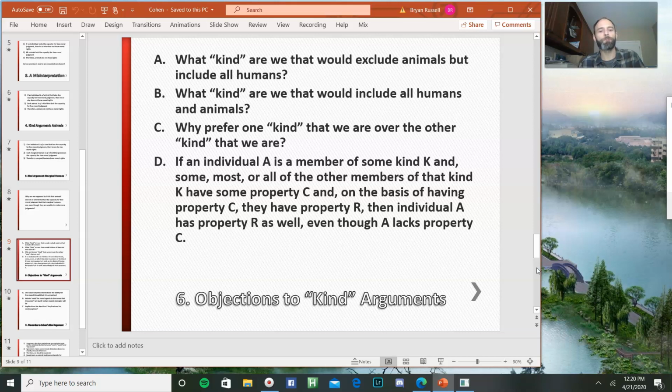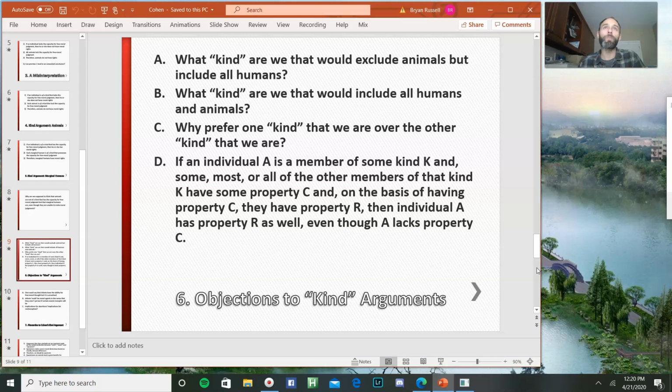Then, individual A, who's a member of this class, has a property of deserving a passing grade, even though they might lack the property of having worked hard or doing all the assignments. Does that work? It seems definitely not, right?